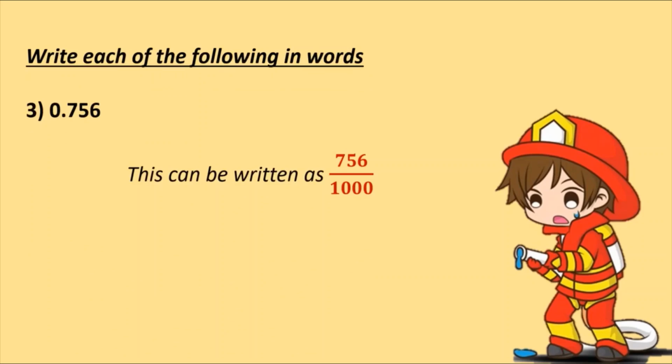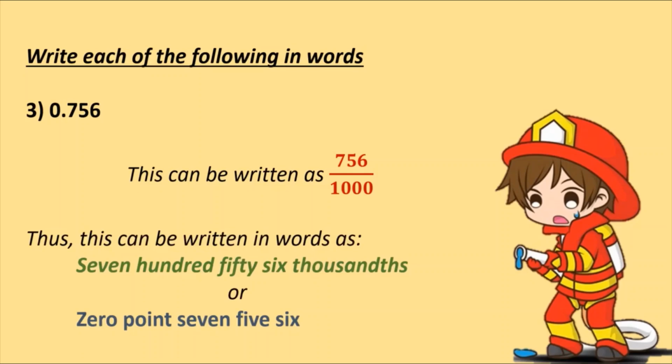The third one, 0.756, which means 756 divided by 1000, and this can be written in words as 756 thousandths or 0.756.